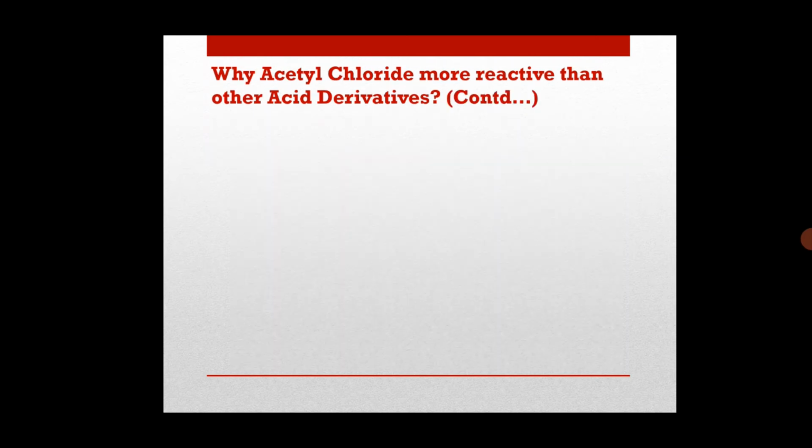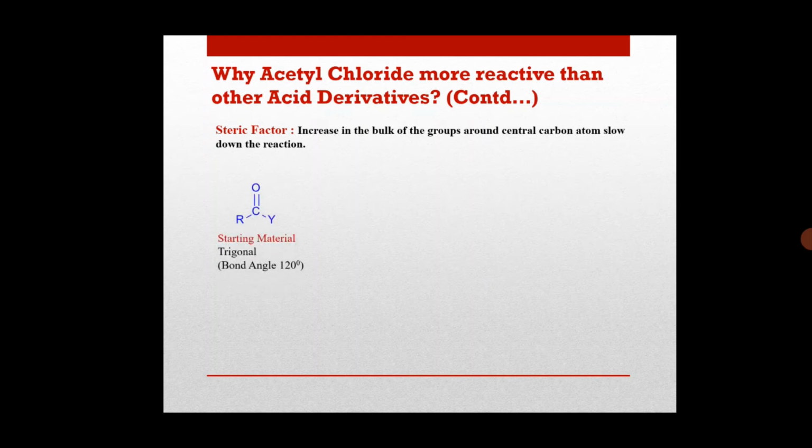Coming to the steric factor. If you remember the mechanism of the reaction discussed in lecture 1, as the reaction proceeds, the trigonal starting material goes to tetrahedral intermediate, and that again gets converted to a trigonal product.